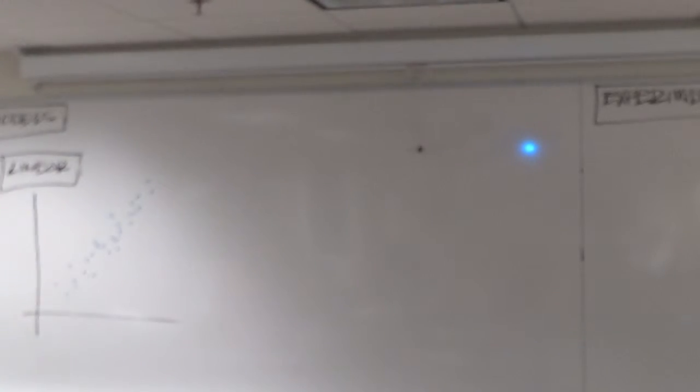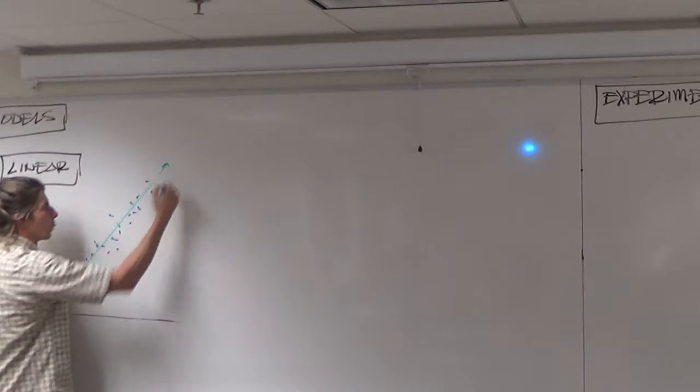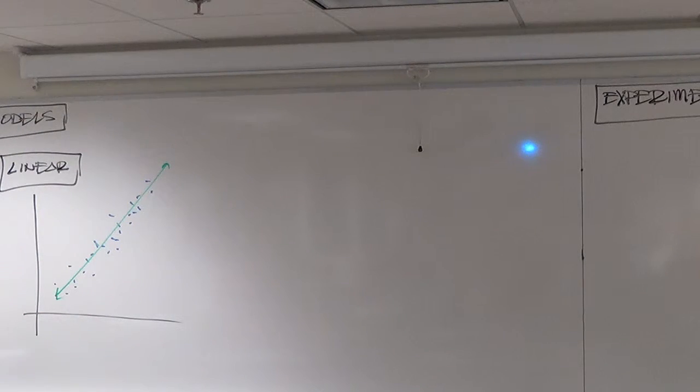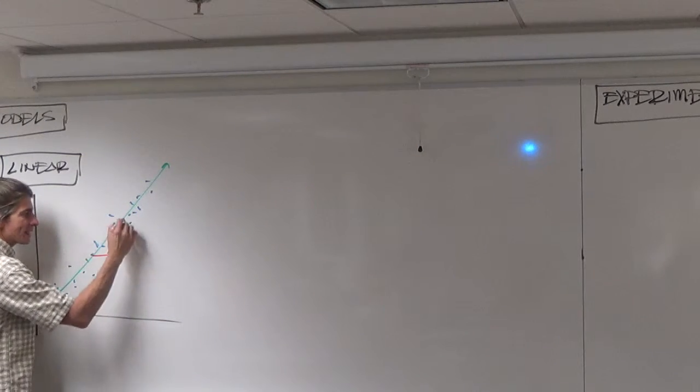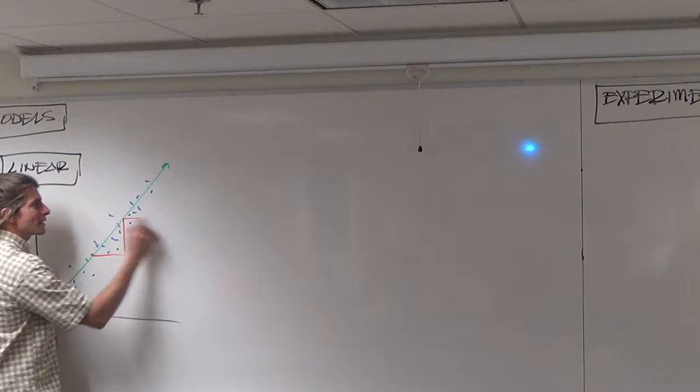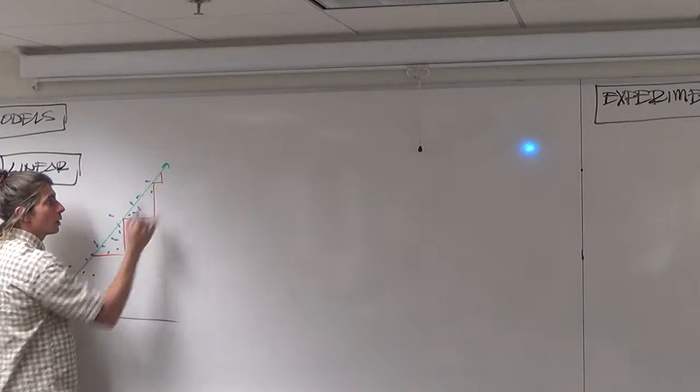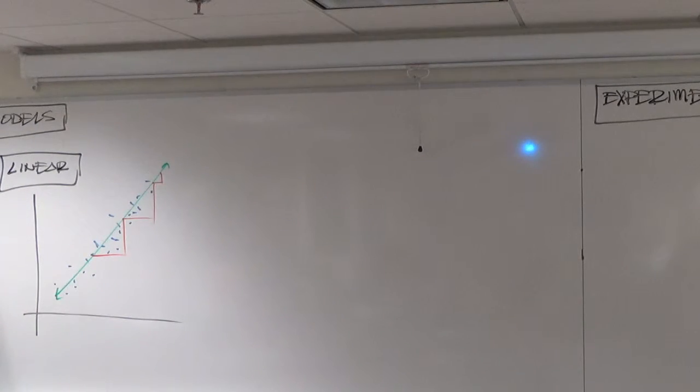But what's the big takeaway, friends? What's the big takeaway about a linear model? What makes it linear? When you have a set increment of x and a set increment of y, no matter how small, the ratio of those x's and y's stays constant.